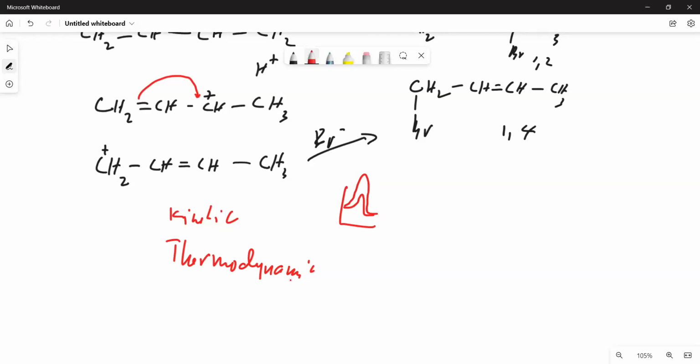But in thermodynamics, we look at the stability of the reactant and product. If the product has a very low energy, then it is very stable. But if it has a higher energy, then it is less stable. That's the difference of the two.